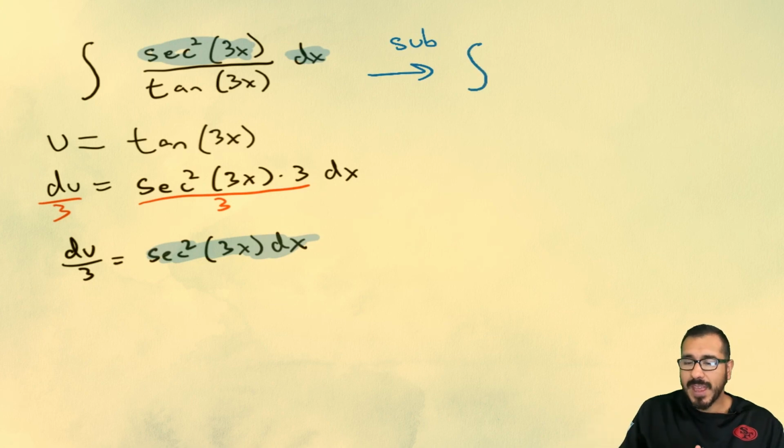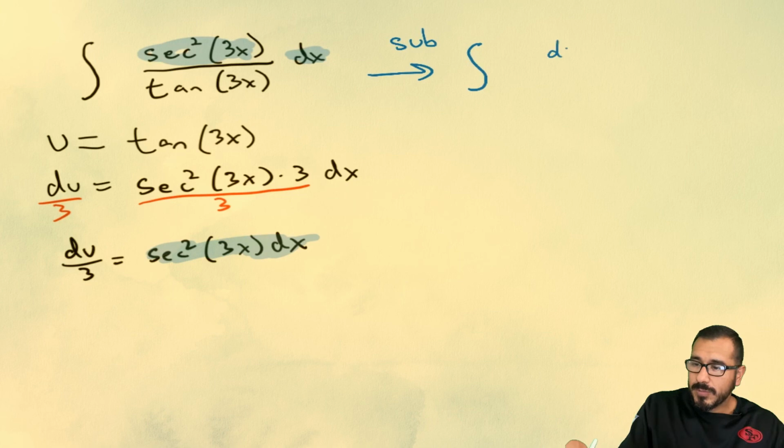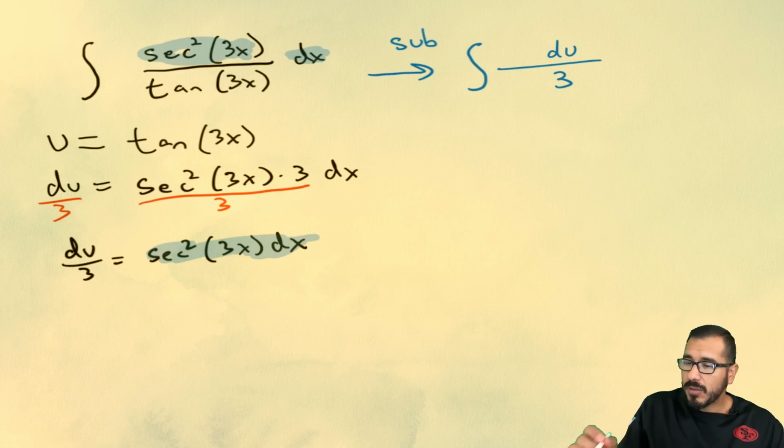So now we have the antiderivative of du over 3. And then on the bottom where we once had the tangent of 3x, we now just have the u. So let's go ahead and put that u down there. All right, we've got to put a multiplication sign. So that 3, right, it's a constant, so let's move it out to the front just to make life a little easier.